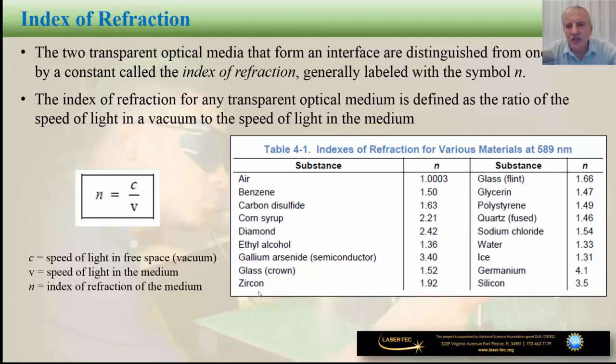So if you have two media, let's say air and glass, and light is propagating from air into glass, the amount of light bending or light refraction is going to depend on the indices of refraction of air and glass. So the two transparent optical media that form an interface are distinguished from one another by the so-called index of refraction, which is a constant that's generally labeled as n.